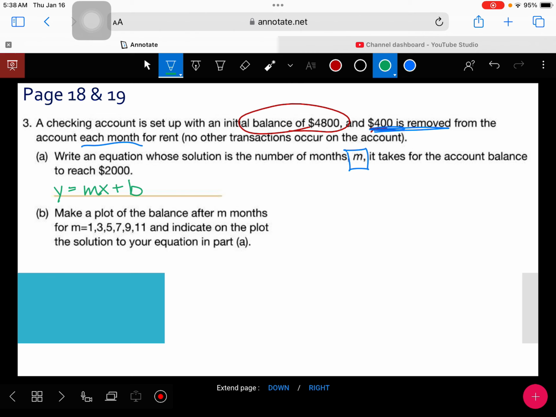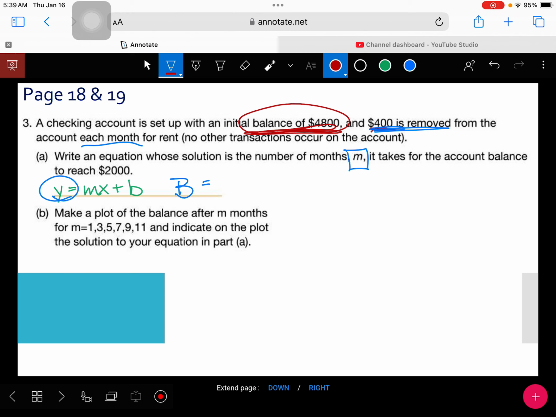The balance that we are looking for. So my y here, I'm going to say is my balance is equal to, and I'm going to look at this in terms of the problem and how it is given. So we have an initial balance of $4,800 right here.